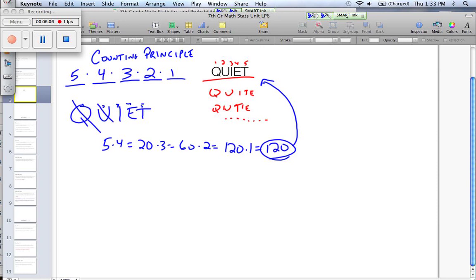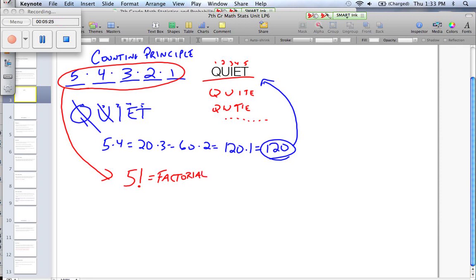What we did right here, when we had 5 times 4 times 3 times 2 times 1, this counting principle is written in math like this. We call this a factorial. It is a number followed by an exclamation point.